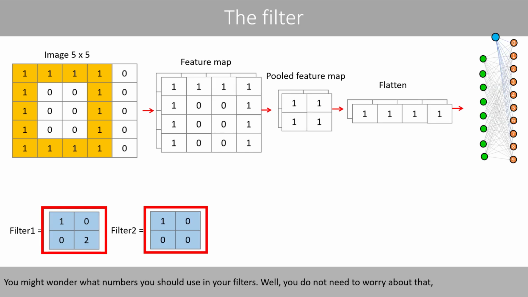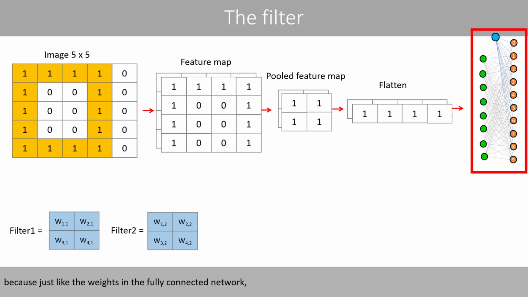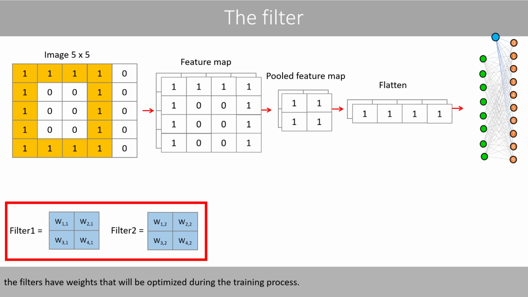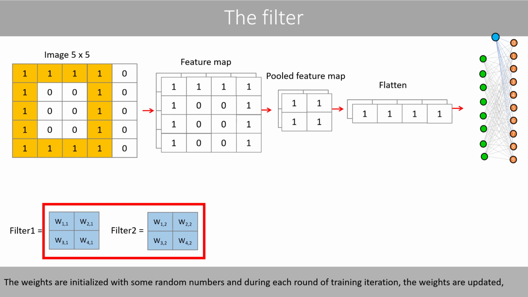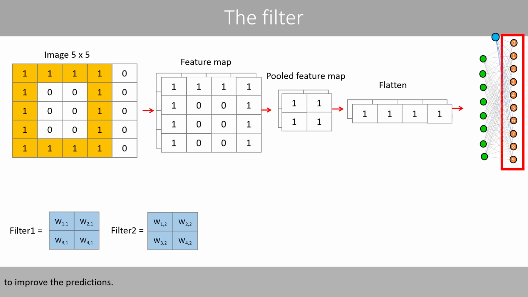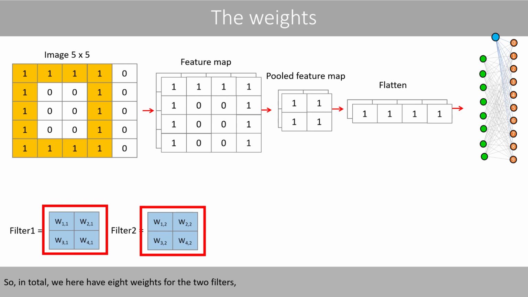You might wonder what numbers you should use in your filters. Well, you don't need to worry about that, because just like the weights in a fully connected network, the filters have weights that will be optimized during the training process. The weights are initialized with some random numbers, and during each round of training iteration, the weights are updated to improve the predictions.